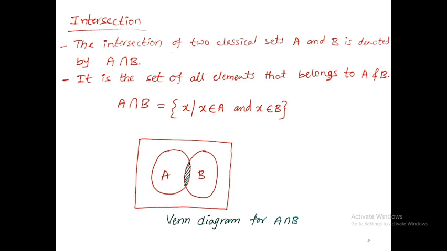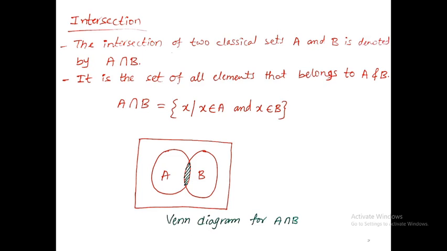Next, intersection. The intersection of two classical sets A and B is denoted by A intersection B. It is the set of all the elements that belong to A and B. That means the elements which belong to both A and B are A intersection B. Whatever element belongs to both A as well as B, that portion only we need to consider.